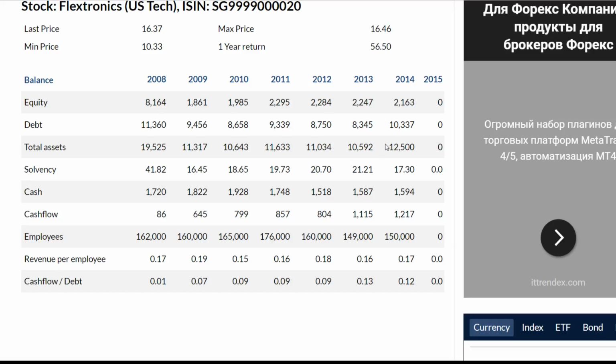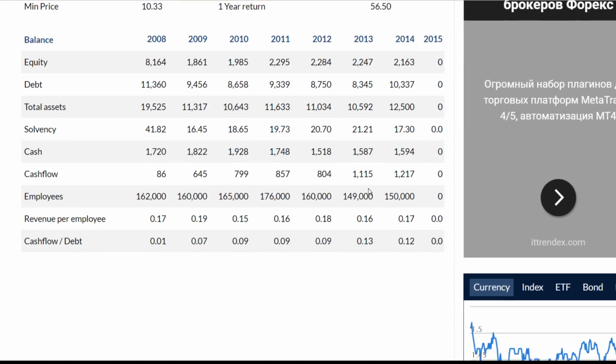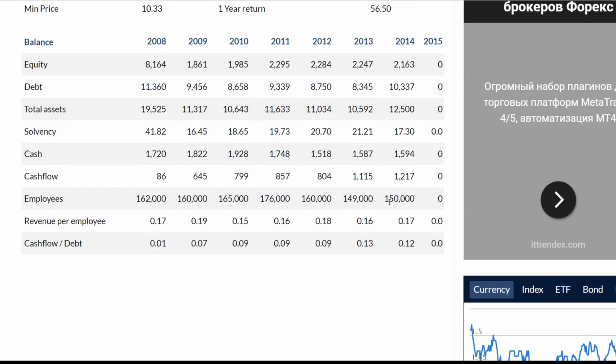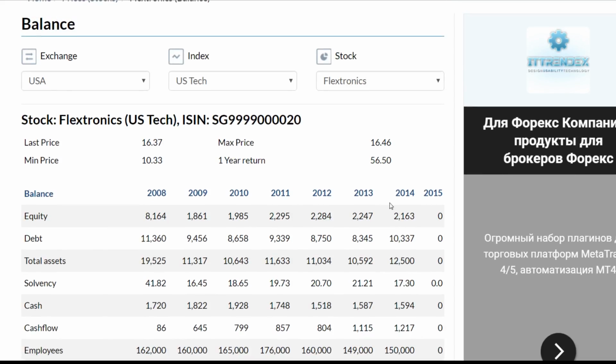In 2014, the balance sheet increased to 12.5 billion US dollars, and the equity equaled 2.1 billion US dollars. This is around 17% of the total balance sheet. We can see that in 2014, 150,000 people were employed at the company.